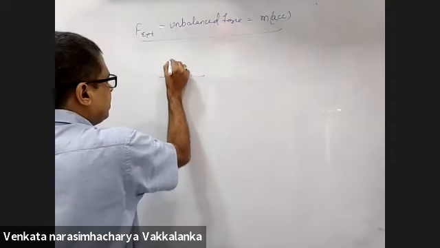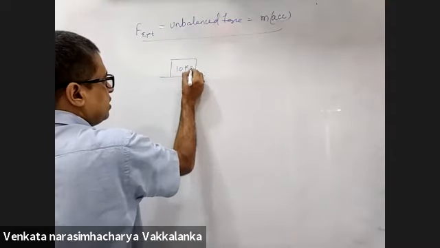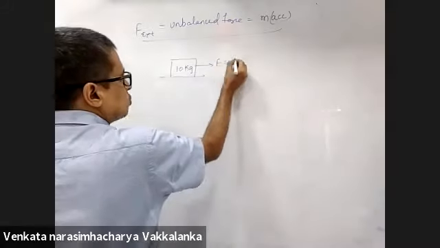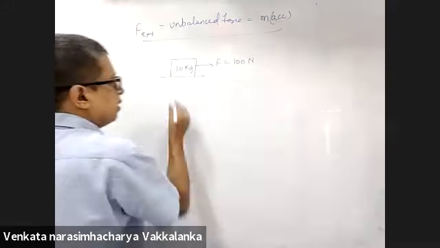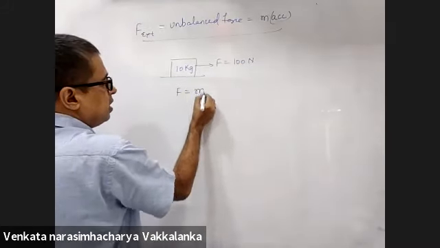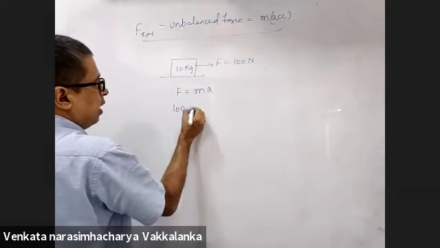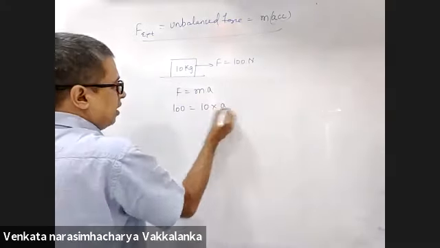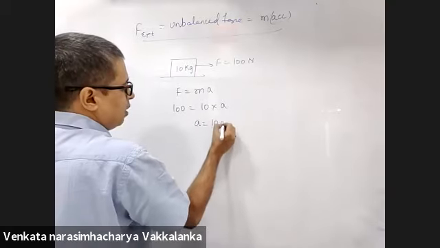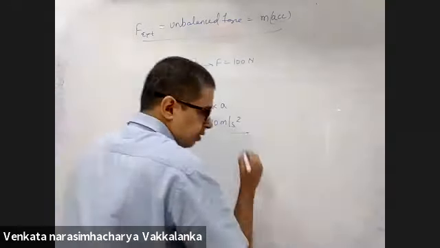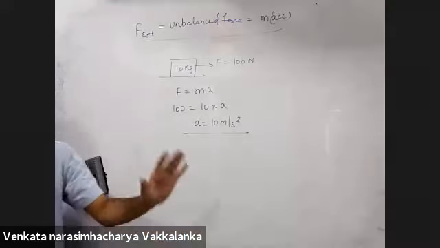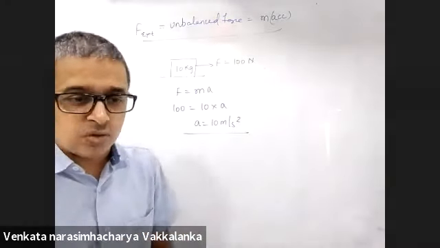So if I take a block of 10 kg and I apply a force of 100 Newton, F will be equal to M into A. 100 Newton is 10 into A. A is 10 meter per second square. Simplest possible thing ever in the history of Newton's laws.